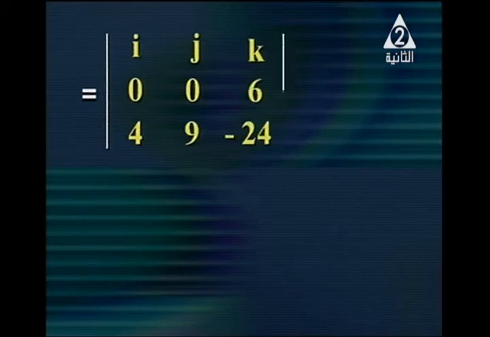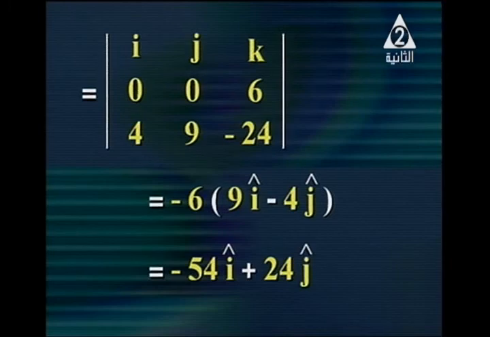By using the determinant containing 3 rows and 3 columns, i, j, k, 0, 0, 6, 4, 9, negative 24, and using the second row, negative 6 times the cross product, 9i minus 4j inside the bracket, equals negative 54i plus 24j. What do you deduce? Yes, the sum of the moments of the two forces equals the moment of the resultant, negative 54i plus 24j.